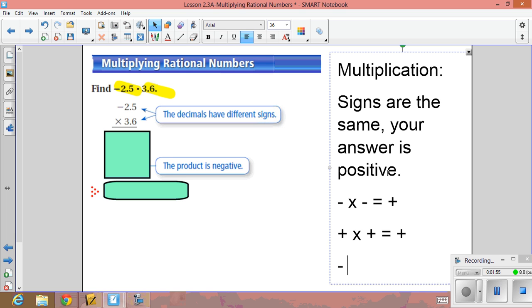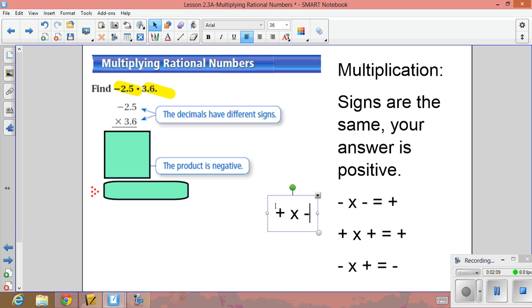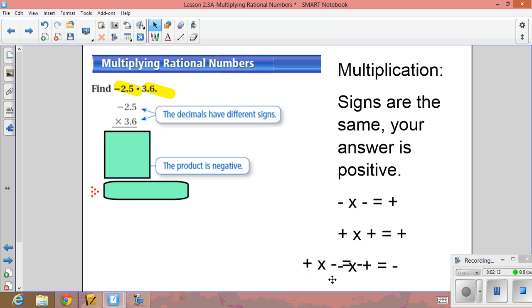And a negative times a positive equals negative, and a positive times a negative still equals not positive but negative. Okay, these are rules that you should know by now. Signs are the same, the answer is positive.